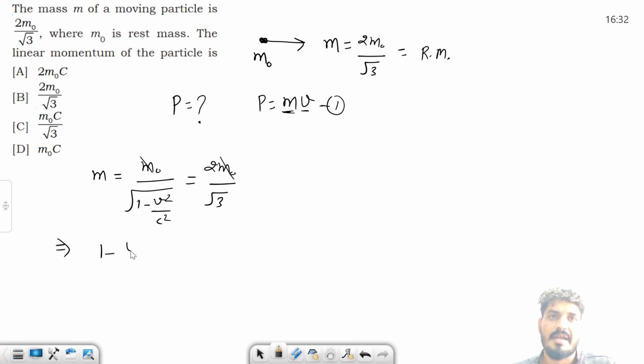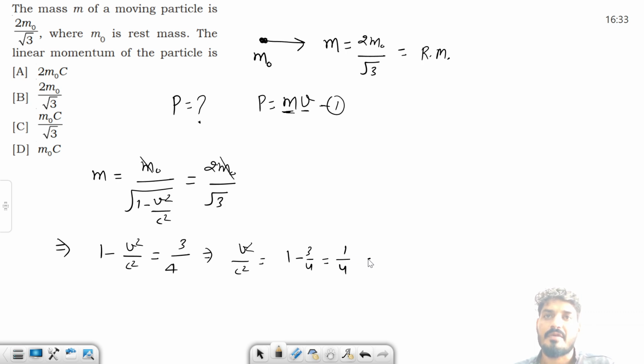So this is 1 minus v square by c square is nothing but 3 by 4. So this will give you v square by c square is equal to 1 minus 3 by 4, which is nothing but 1 by 4. So from here I can say that velocity v is nothing but c by 2. This is the velocity.